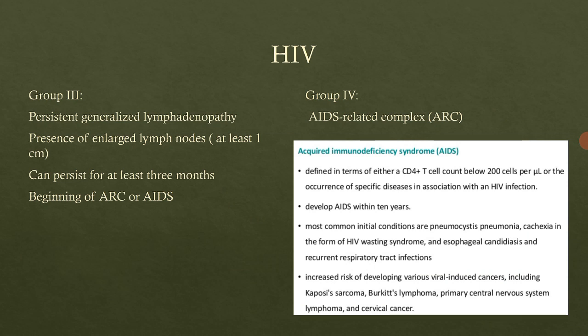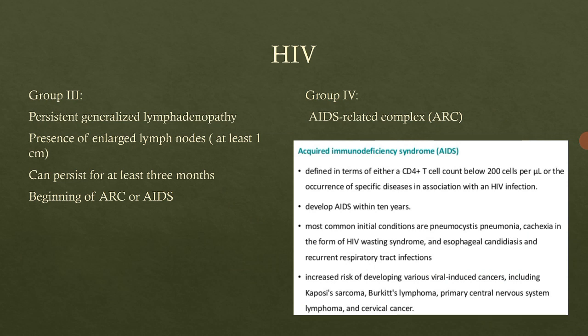Now this can be defined in terms of a CD4 cell count below 200 cells per microliter, or the occurrence of specific diseases in association with the HIV infection. So the CD4 cell count is the primary symptom, right? This is the most important characteristic for identifying HIV infection.